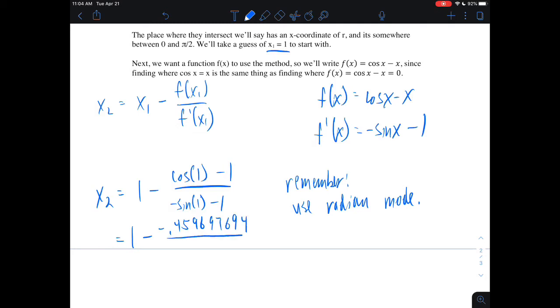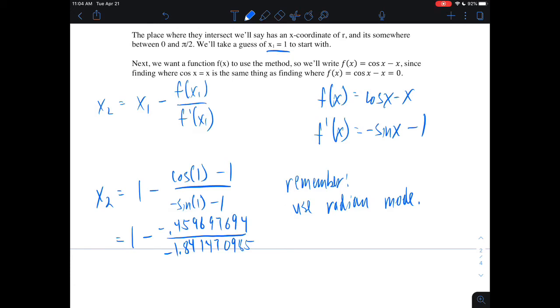And then divided by negative sine of 1 minus 1. And that's negative 1.8414709, and actually, we can go to the 9th place there, 85. So then we'll do our division and then subtract all of that from 1.